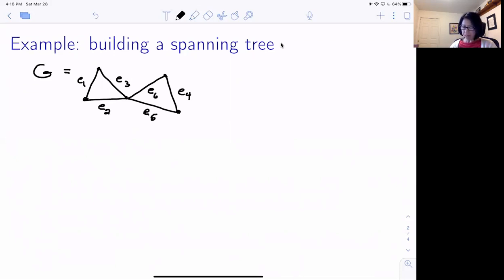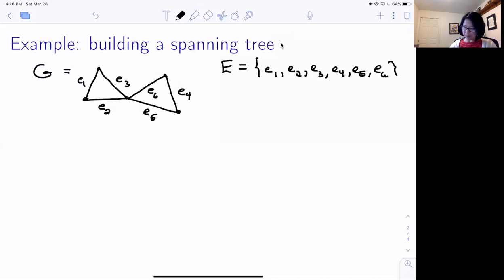Suppose the edge set of this graph is the input to the greedy algorithm, together with all the independent sets. And then we're going to construct a basis for this greedily. So what would the greedy algorithm do? Let's just assume that the ordering on the edges is the one I've just given. So the edges are ordered E1, E2, E3, E4, E5, E6.